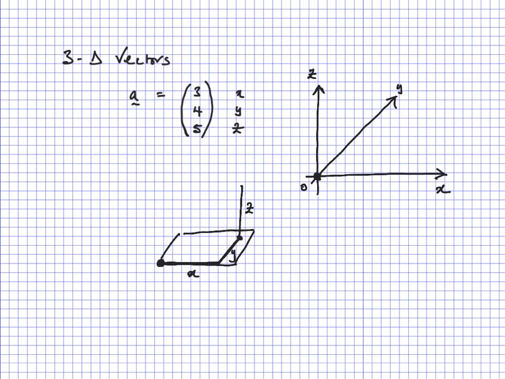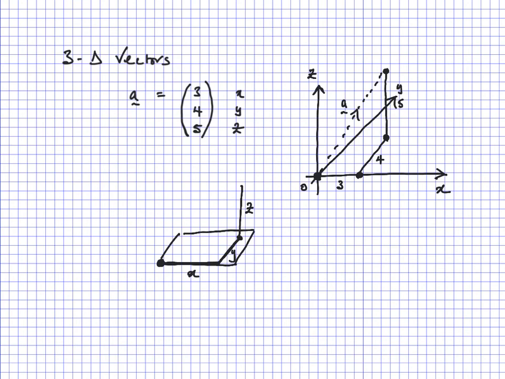It can be difficult to draw that, so if we wanted to plot the point, or to draw the vector A with components 3, 4, 5, so we could maybe start here. We'd go 3 on the positive x, 4 on the positive y, and then 5 up out of the page like so. And so if we were joining start to finish, this would then be our vector A.